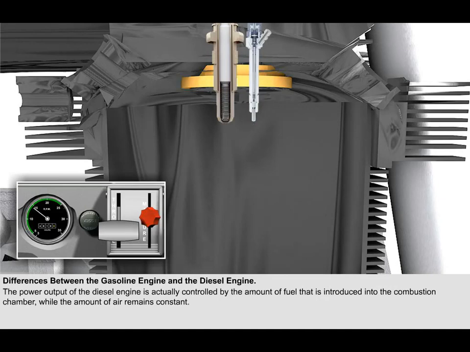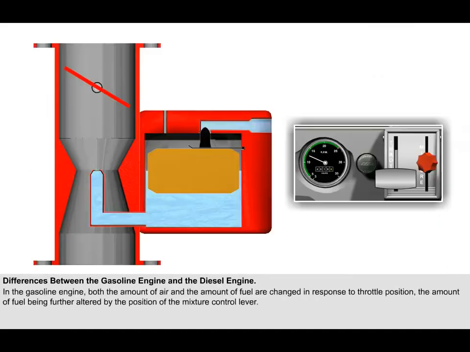In contrast to the gasoline engine, the power output of the diesel engine is actually controlled by the amount of fuel that's introduced into the combustion chamber, while the amount of air remains constant. In the gasoline engine, both the amount of air and the amount of fuel are changed in response to throttle position.